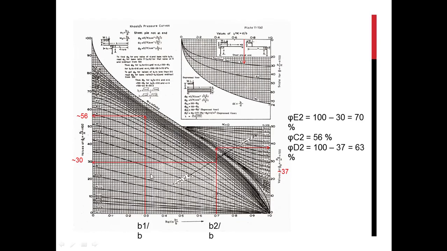We will find the value of phi C equal to 56. So this is the value of phi C2.